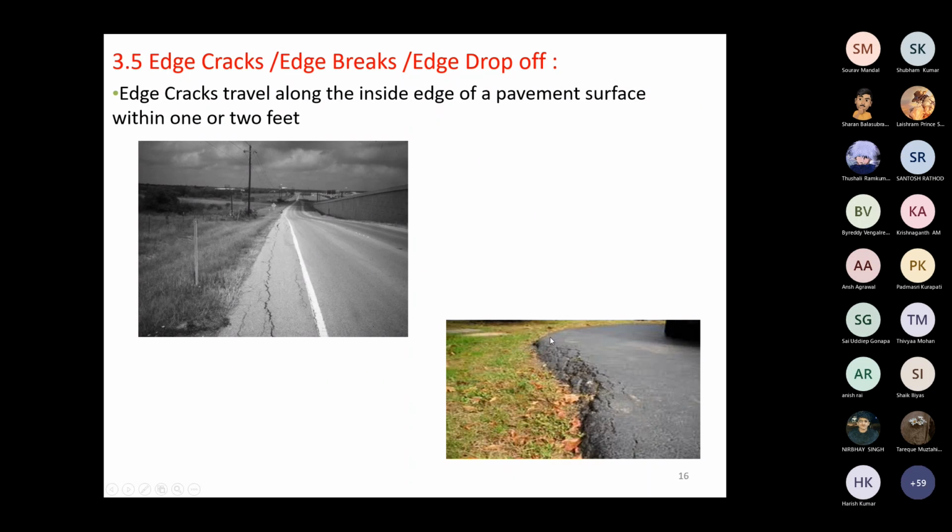It may be due to some boundary conditions, or vegetation, or the paver width being limited, so it might be difficult to compact. That might be one thing. Then if you are not looking after the shoulders properly, or if more vegetation is there, these cracks will occur.